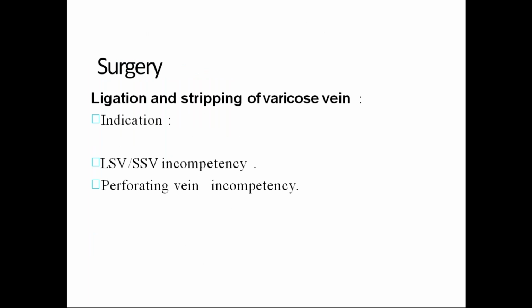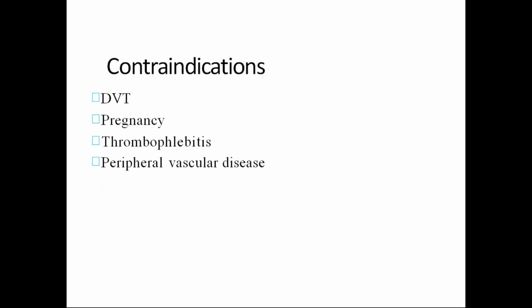What are the indications for ligation and stripping of the varicose vein? The surgery is called Trendelenburg surgery. The indication is long saphenous vein or short saphenous vein incompetency, or perforating vein incompetency.